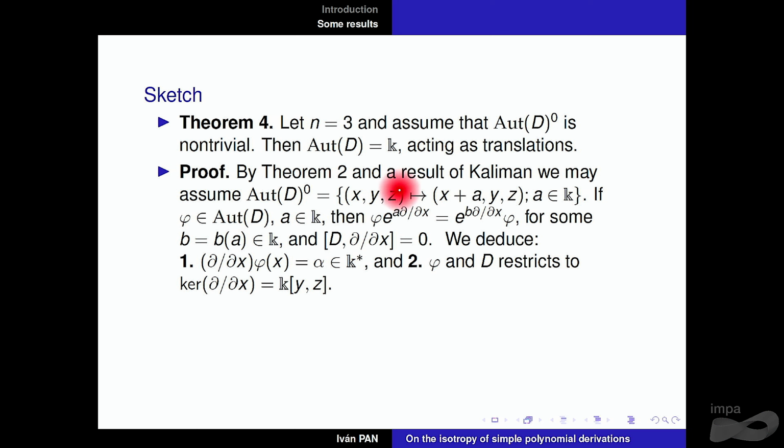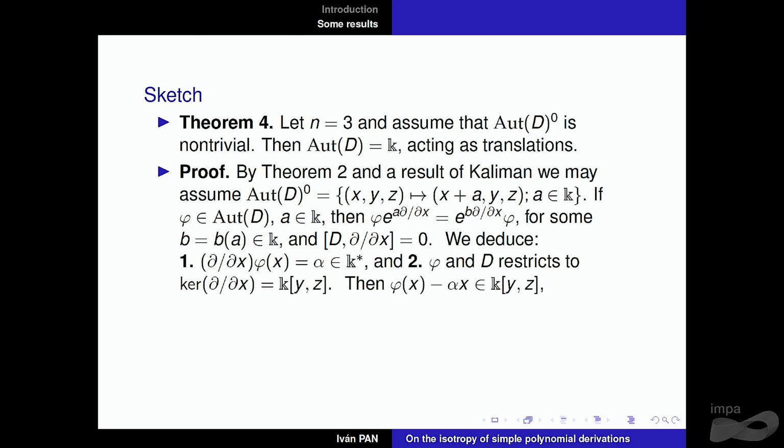And if we apply this to x, we verify that the derivative with respect to x of phi x is a constant, different from 0. And second, phi and D restrict to the kernel. The kernel of this derivation is the polynomial ring in two variables, y and z, because phi commutes with D by definition.